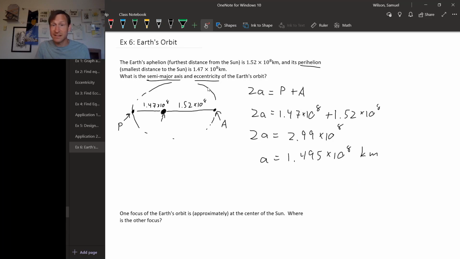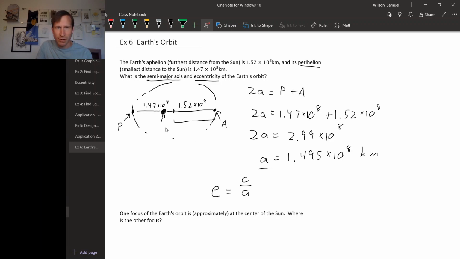All right, so to find the eccentricity of the Earth's orbit, remember eccentricity is just the focal distance divided by the semi-major axis. Well, we know the semi-major axis, but we don't know the focal distance yet. Remember, the center in this orbit setup, the center of the ellipse is just kind of out in space somewhere. But what we can do is, we do know the semi-major axis already, and the semi-major axis is the distance from the center out to either one of the vertices.